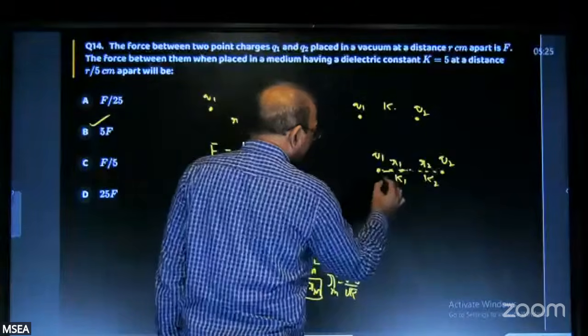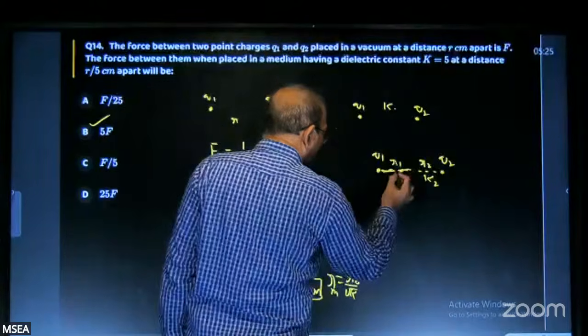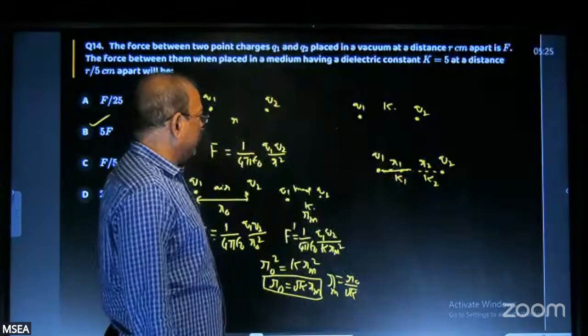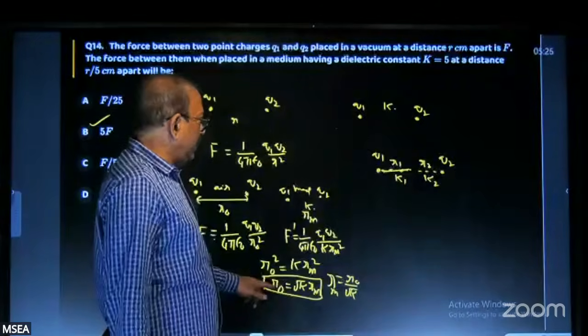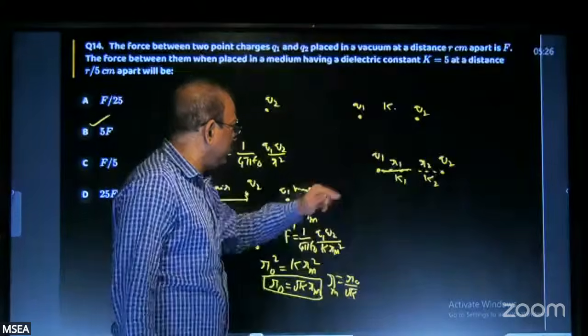In place of the first medium of dielectric constant K1 occupying a distance R1, if air is there, it should occupy a distance of root K times that medium distance.